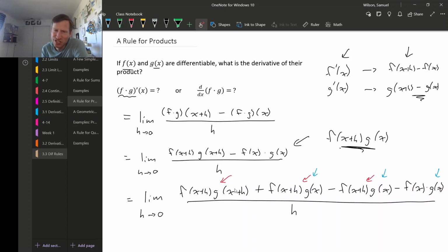Here's a g of x plus h, and here's a g of x, and they both have f of x plus h. But if we grouped these two terms, there'd be a plus, and we want a minus.